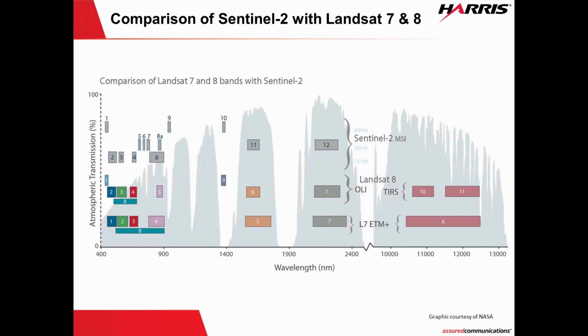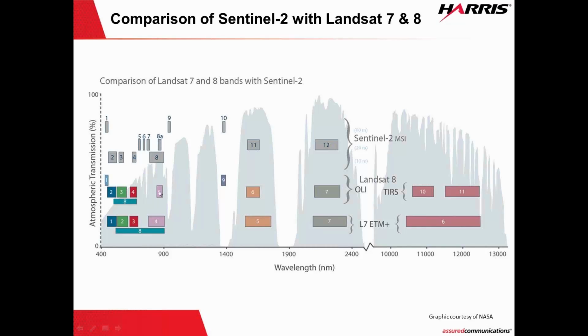So in ENVI 5.3, we're now supporting multispectral imagery from the Sentinel-2A sensor, which we're now starting to get data from. I think this is great news, and I look forward to working with this data as the catalog of imagery grows. On this slide, I found this graphic on the NASA webpage, and it shows how the various multispectral bands aboard the Sentinel-2 multispectral imaging sensor align with Landsat 7 and Landsat 8 sensors.